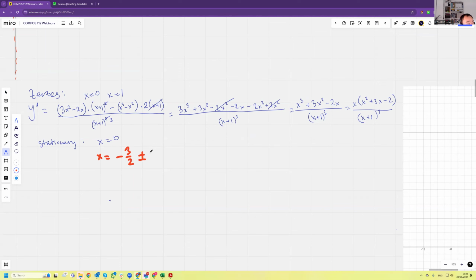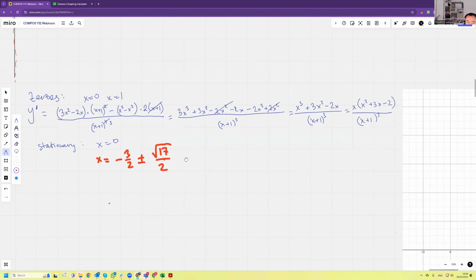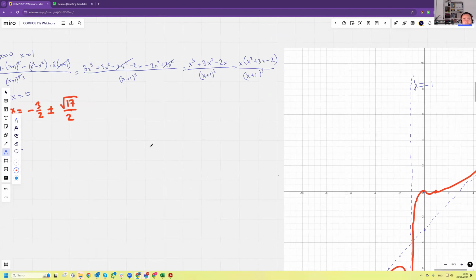That's what? 3 over 2, 9 over 4. 9, that's 9 over 4 minus 17. Square root of 17 over 2. I think that's about it. Okay. Which gives us 2 more stationary points.